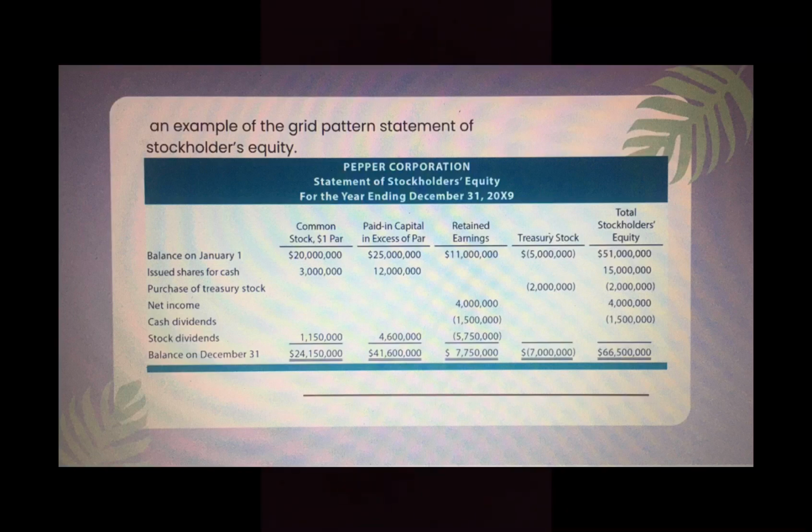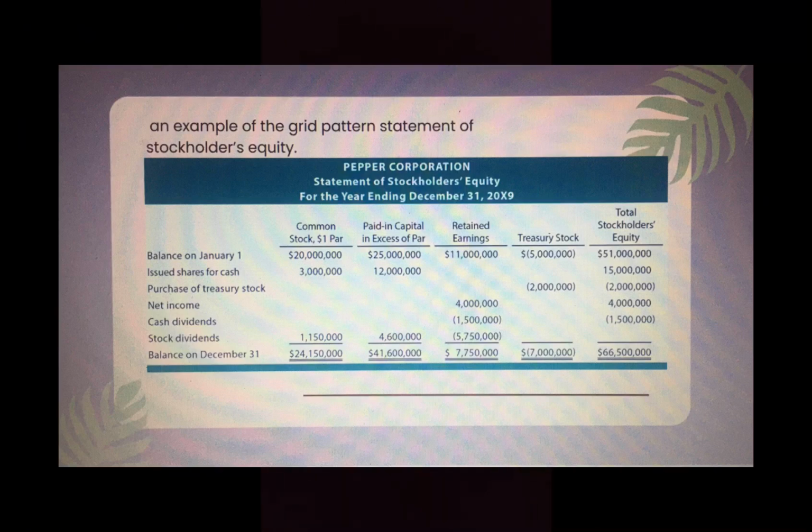So here is the example of statement of stockholders' equity or shareholders' equity. For this company, Pepper Corporation, they have four equity accounts. They've got common stock, paid in capital, retained earnings, and treasury stock. For common stock, we have 20 million at the beginning of the period, which was on January 1.